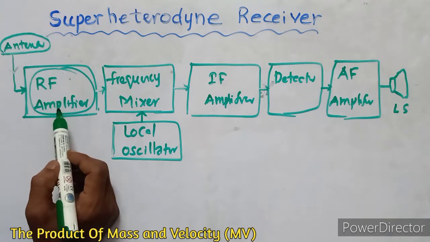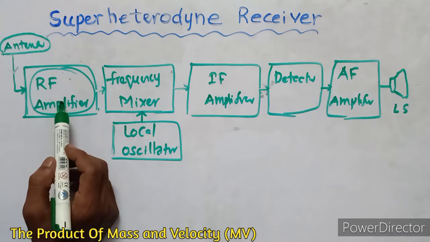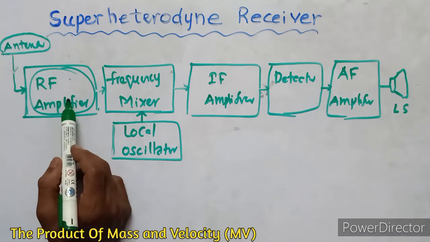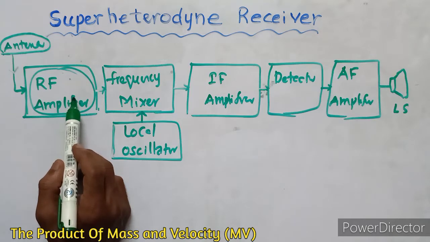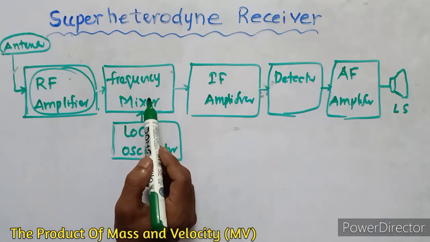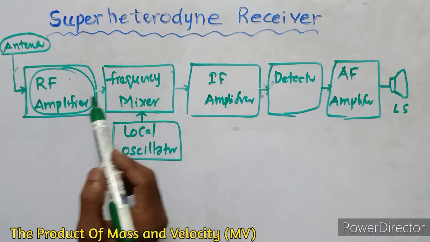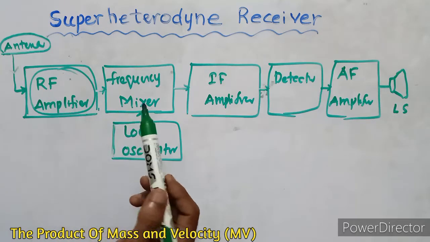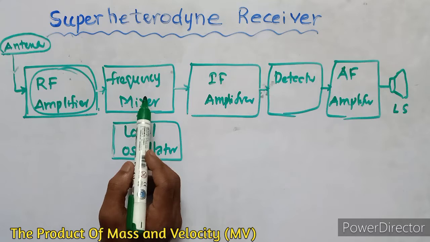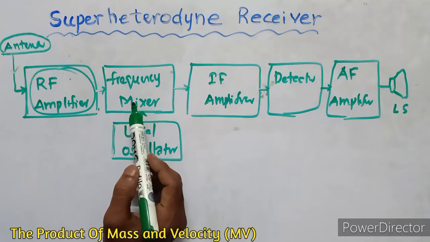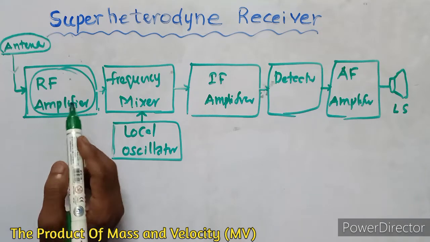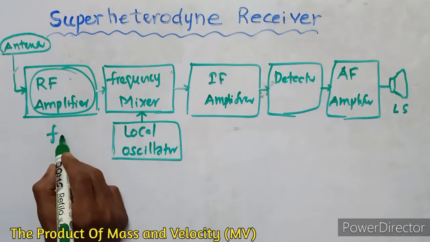The radio frequency amplifier works as a tuner and amplifier. The output of the radio frequency amplifier is given to the frequency mixer as input. The frequency generated by the radio frequency amplifier is denoted by Fs.